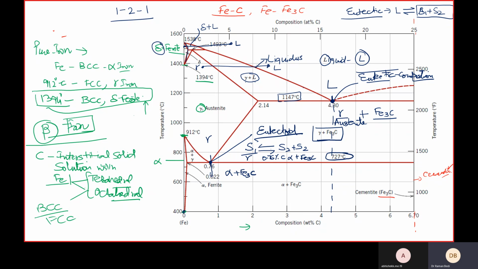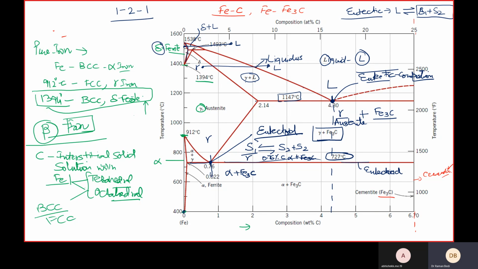But before going to that discussion, let us look at this diagram further. So we have seen that this happens to be the eutectic point at 4.3, a eutectoid point at 0.76, and I find that there is an isotherm. So this is the 727 degree isotherm, called the eutectoid isotherm.